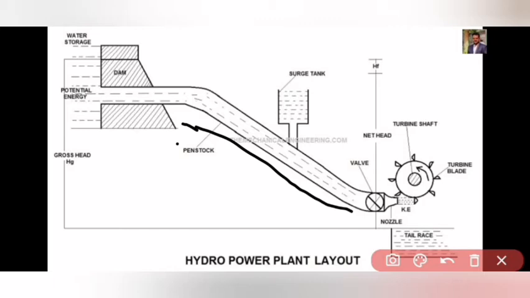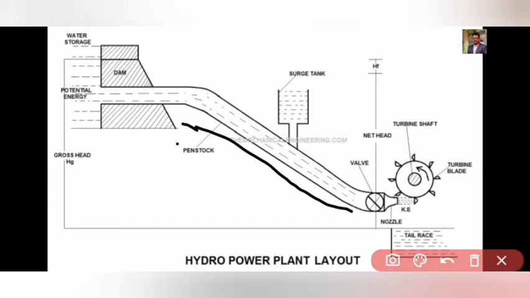Then the turbine starts to rotate, and the turbine shaft is connected with the alternator. The work of the alternator is to convert the mechanical energy to electrical energy. Then we generate the electrical energy. This is all about the working principle of this simple hydropower plant.